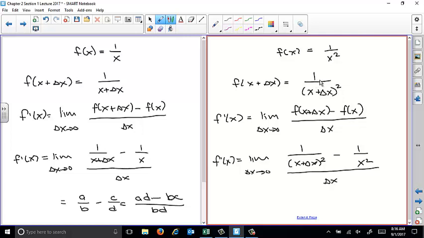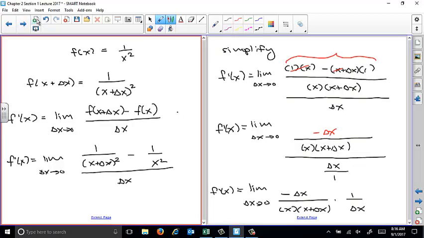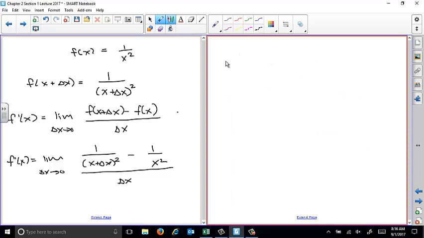Define f of x plus delta x, and then plug into the limit. Now the next step is our simplifying step. I'll get you started on that if you're still stuck. I'm going to wait to multiply this thing out.